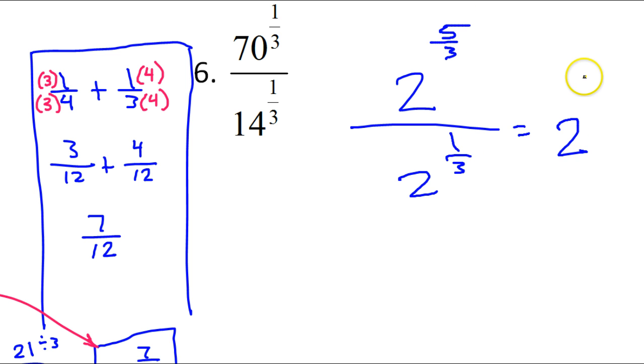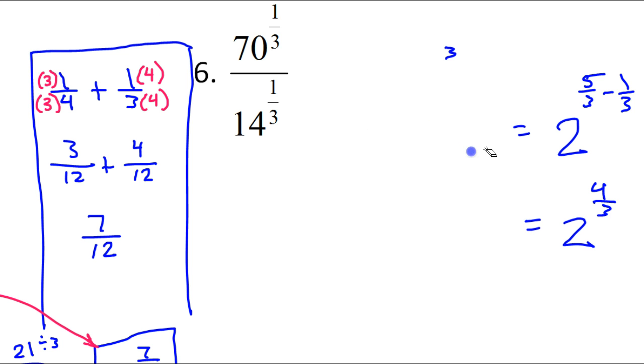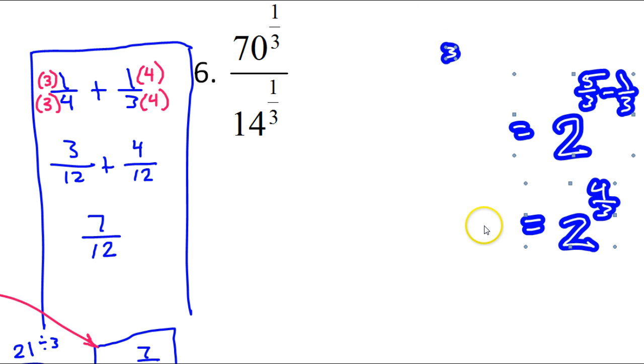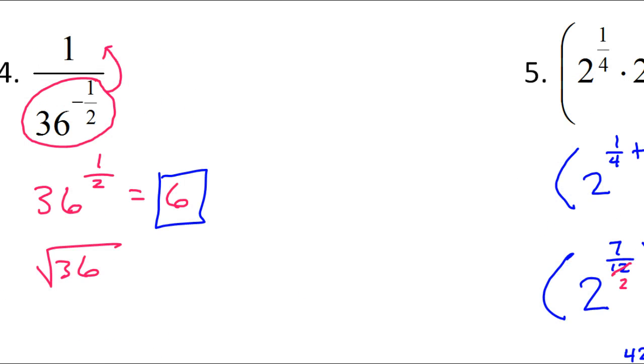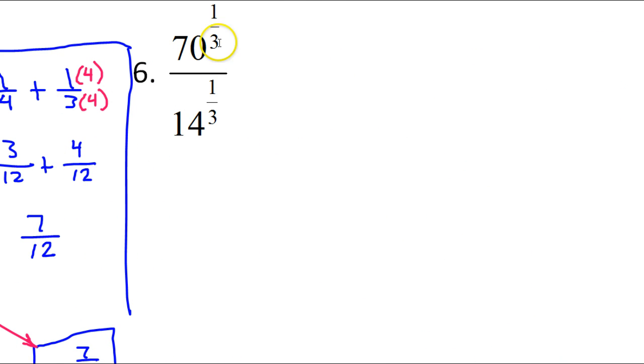So in this case, I would have done 5/3 minus 1/3, which would give me 4/3. So if the bases are the same, you can work with the exponents. Now, on the other hand, if the exponents are the same, you can work with the bases. So, since the exponents are the same, I can go ahead and work with the bases and do this division.